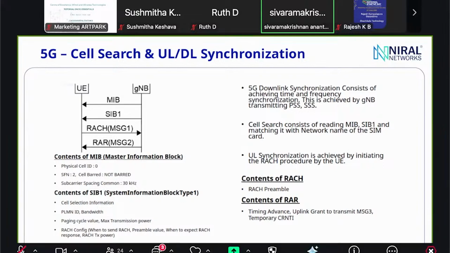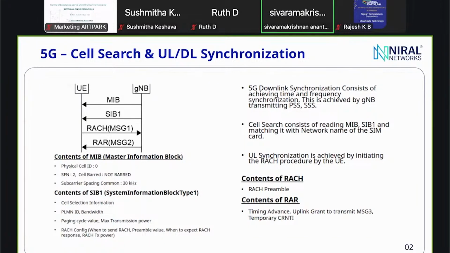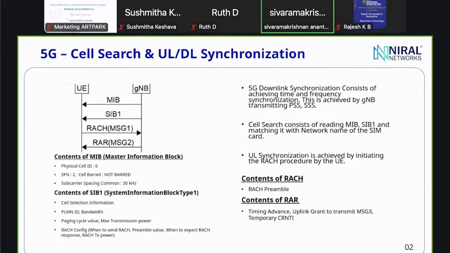So the base station is always trying to do a downlink synchronization, and it basically invites various registered UEs to get connected to the radio gNodeB or RAN whenever the UEs are powered up.